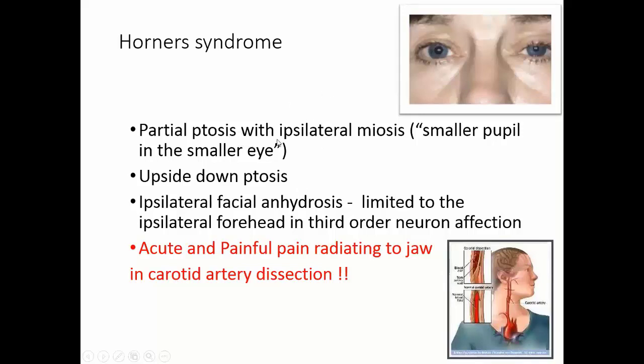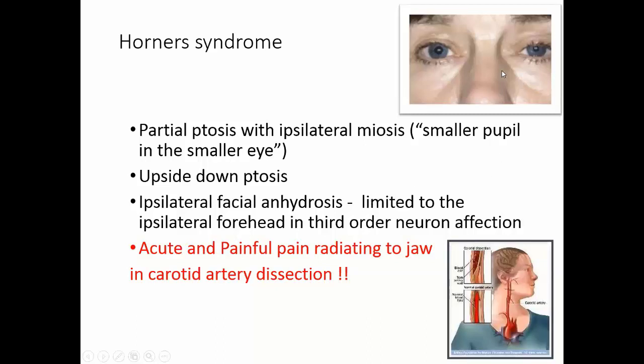There is partial ptosis with ipsilateral miosis and upside down ptosis. The mild ptosis and the upside down ptosis cause a smaller eye on the affected side, and the pupil is also smaller. So this is a smaller pupil in the smaller eye.